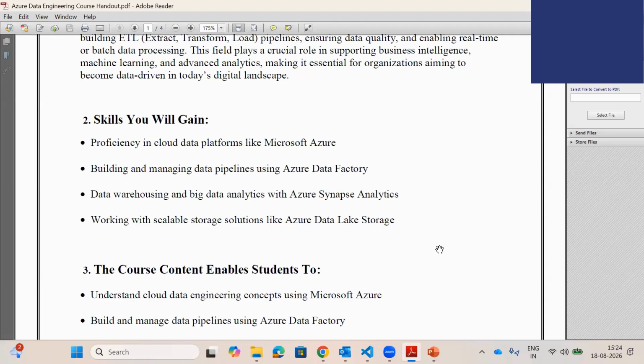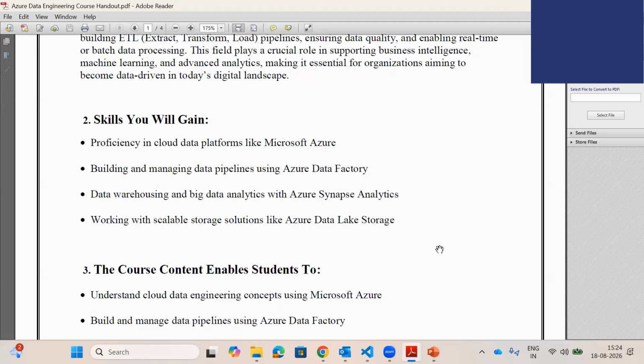And finally, load. Load means, it's a basic word, where we are keeping the data in the right place, in terms of security, in terms of backup, and so on. Once we load the data in the right place, what will happen? After that, we can analyze that data with the help of SQL, Power BI, or any other tool.